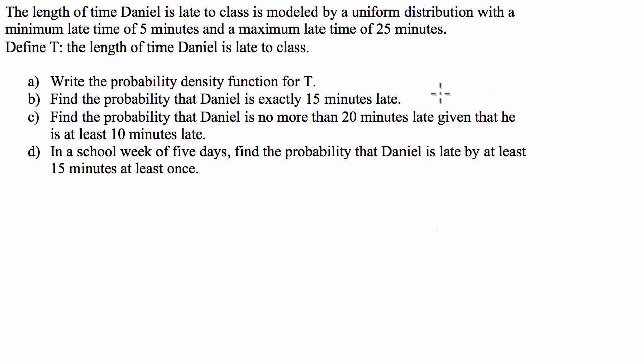So if we just quickly draw a snapshot of what this looks like. We've got our axes here. A uniform distribution is literally, for this one anyway, just a straight line. So there's no difference in the probability of any one thing occurring.